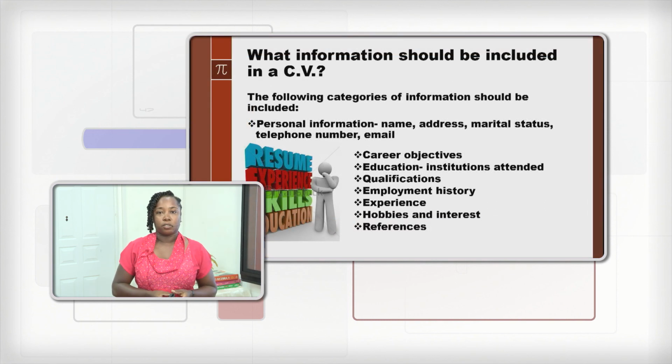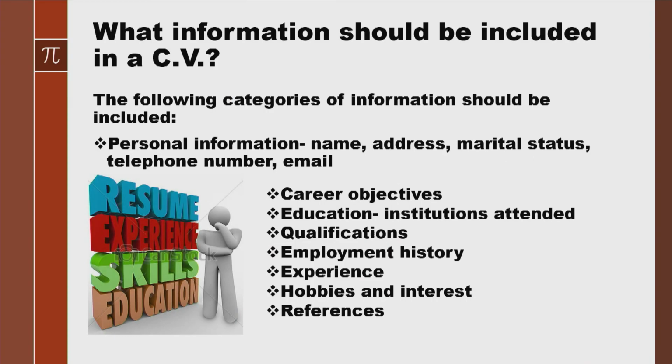What information should be included in a CV? The following categories of information should be included, and every time you write your CV, you need to include this particular information. Firstly, personal information, which includes your name, address, marital status, telephone number, email. Your career objectives. So this will say where you see yourself in the next few years.